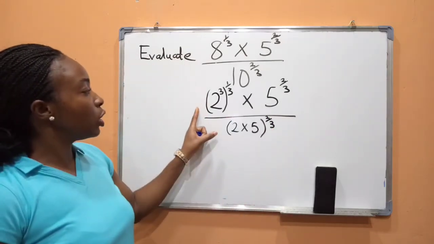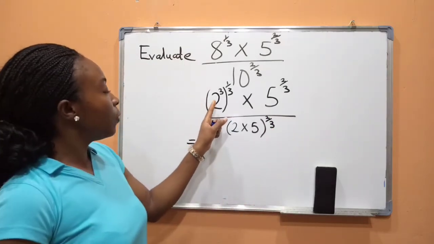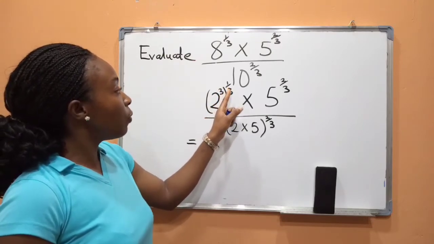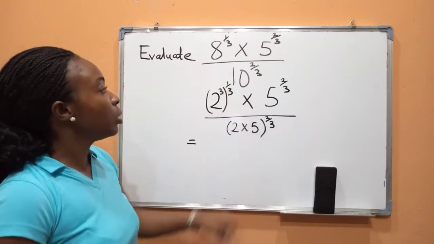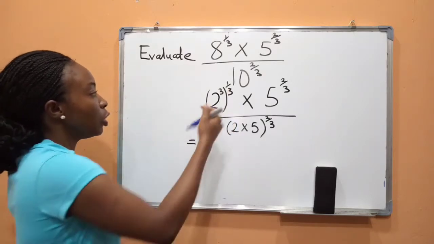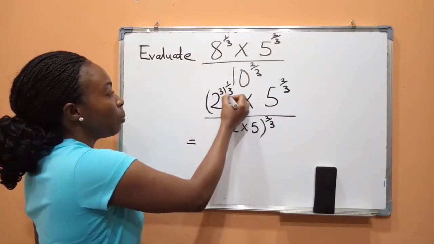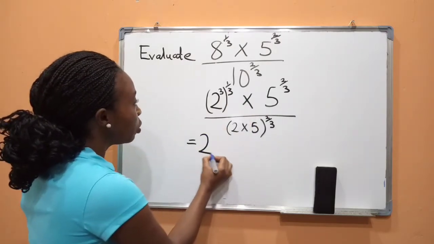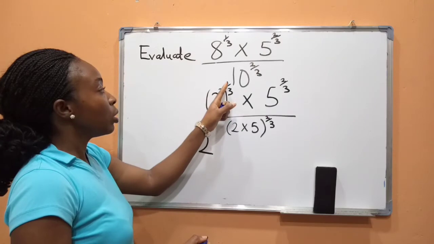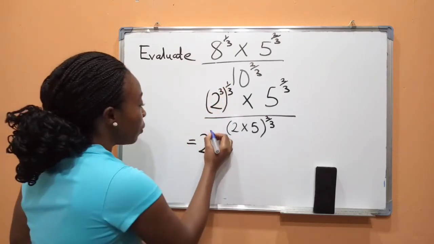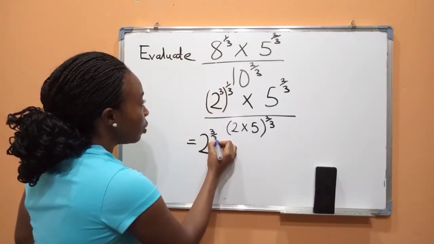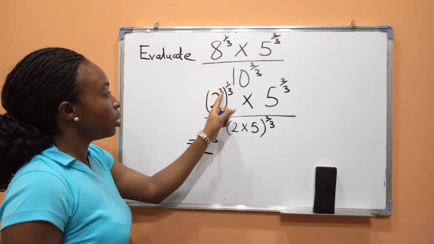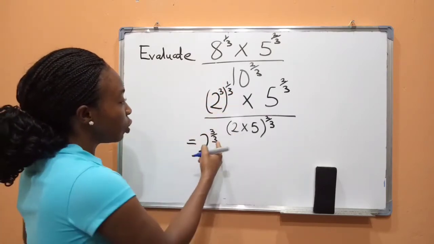So now that we've gotten to this stage, when you have 2 cubed to the power of 1/3, here's what you do. We are going to multiply the powers. In multiplying the powers, we are going to have 2, then 3 times 1 over 3, which is 3 over 3. 3 times 1 is 3, and 1 times 3, you get 3.